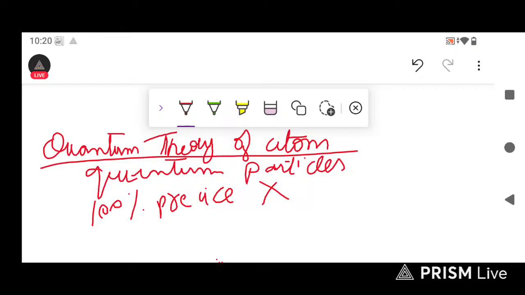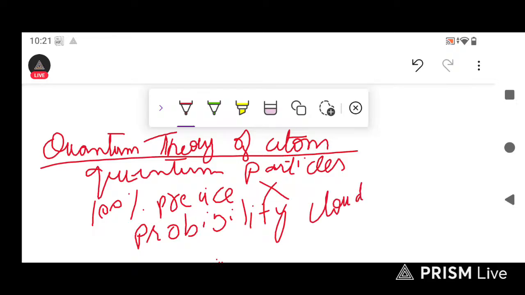Instead, we talk about the probability cloud. We will find an electron in a probability cloud. So instead, we talk about the probability cloud of finding an electron.